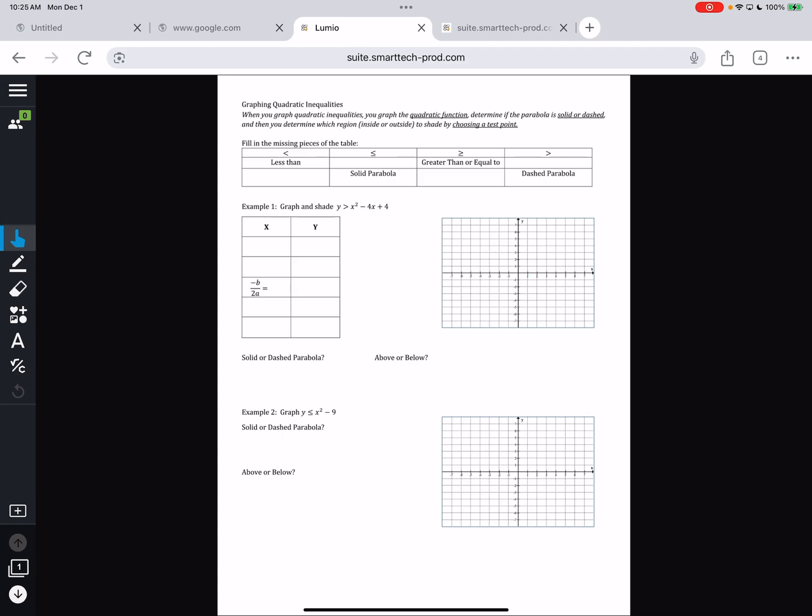So, less than is going to give us what they call a dashed parabola. I will call it that as well. We're just going to write a dash.